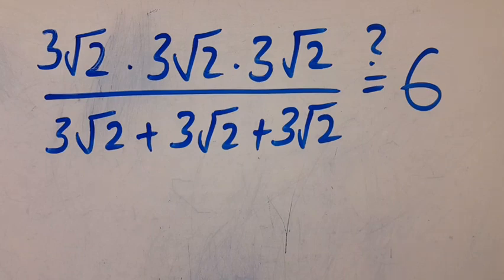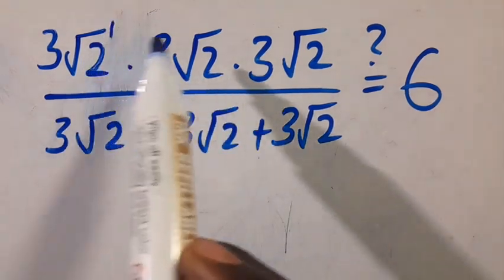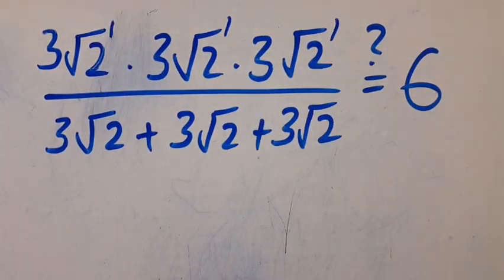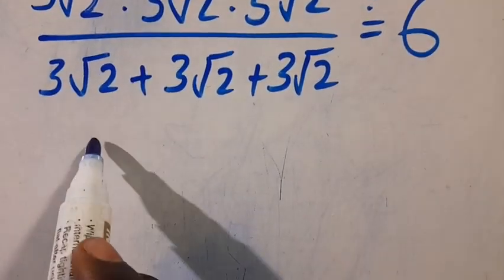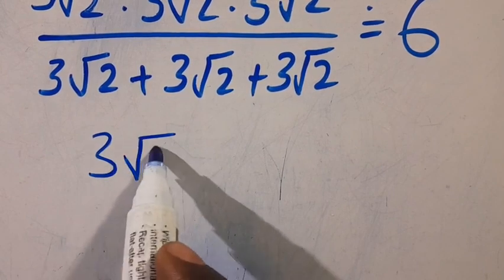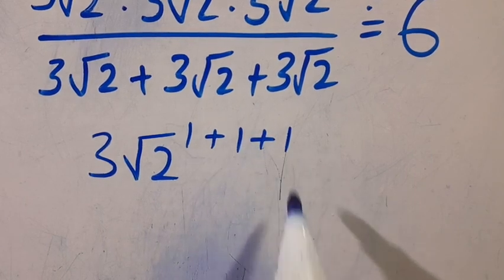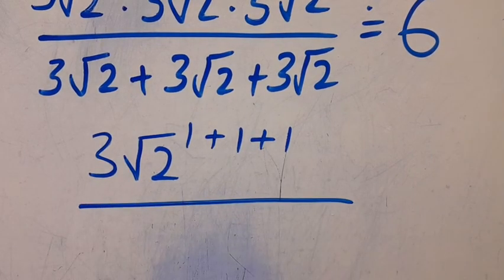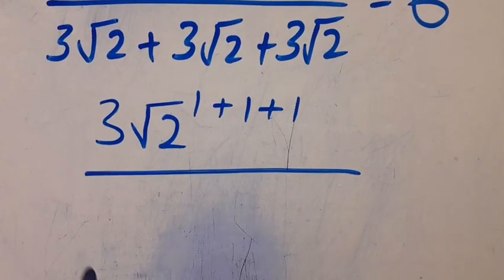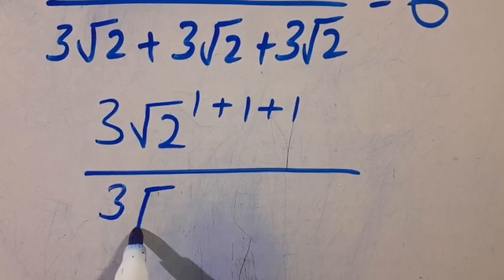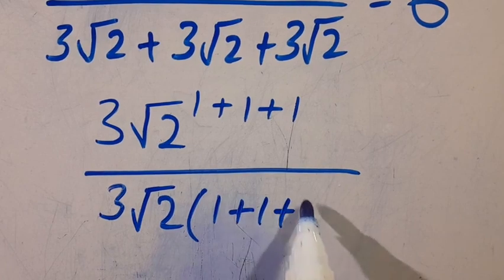So from here, we have 3 root 2. This one has power 1. This one has power 1. This one has power 1. So we can take one base and add the power together as 3 root 2 to the power of 1 plus 1 plus 1 divided by, this one is common. We can factor 1 outside as 3 root 2 into 1 plus 1 plus 1.